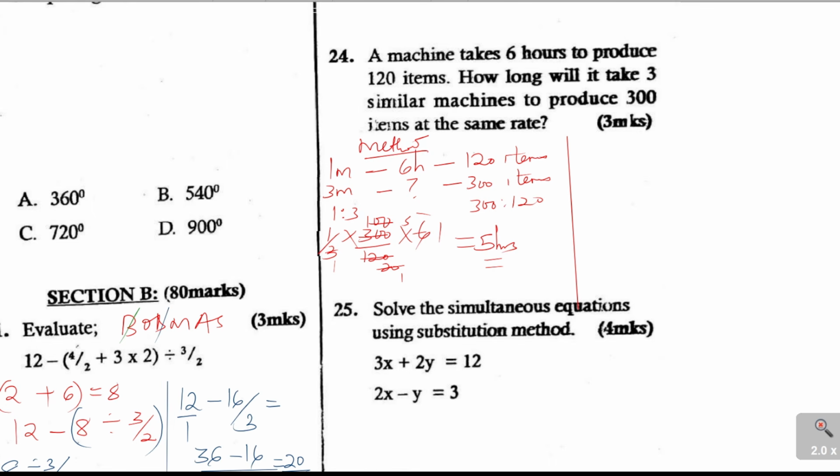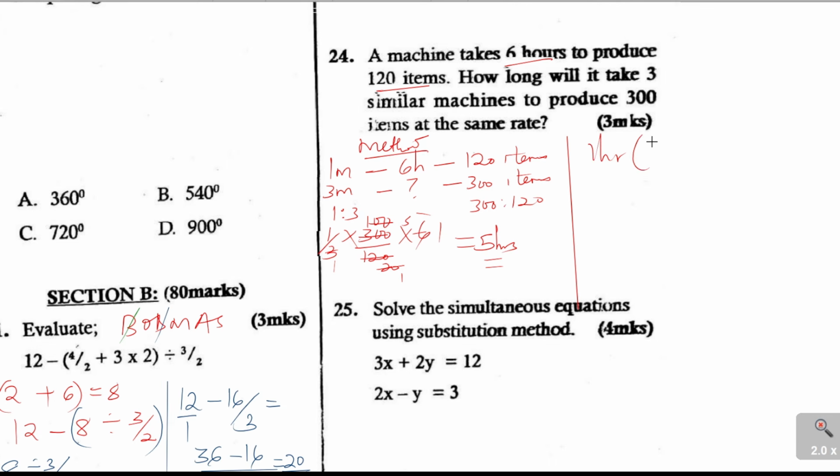Now the second method you can use is here. One machine takes 6 hours to produce 120 items. So what about in 1 hour?